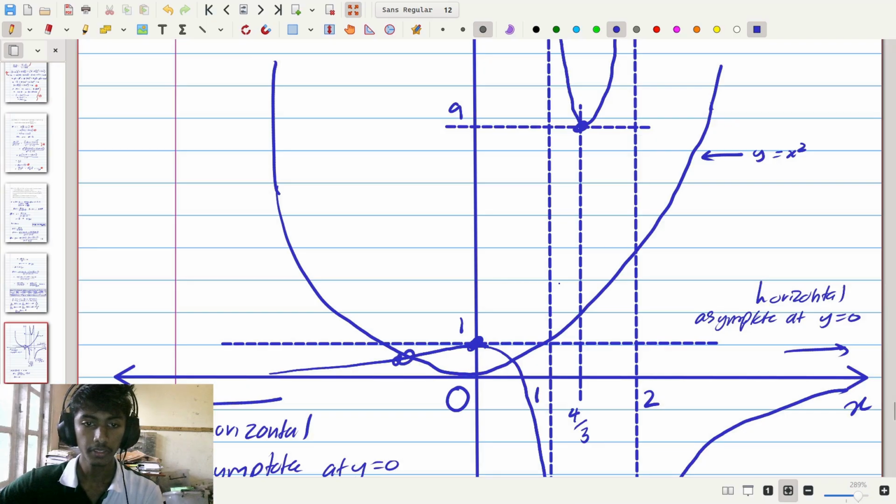They are this point right here and this point right here.